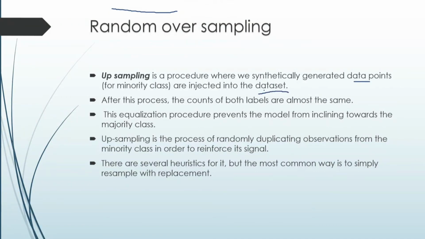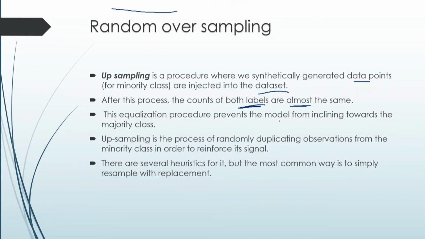So now our data set will be a balanced data set. After this process, when we count both the labels, the number of observations in both classes will be almost the same, as we have generated data points for the minority class.